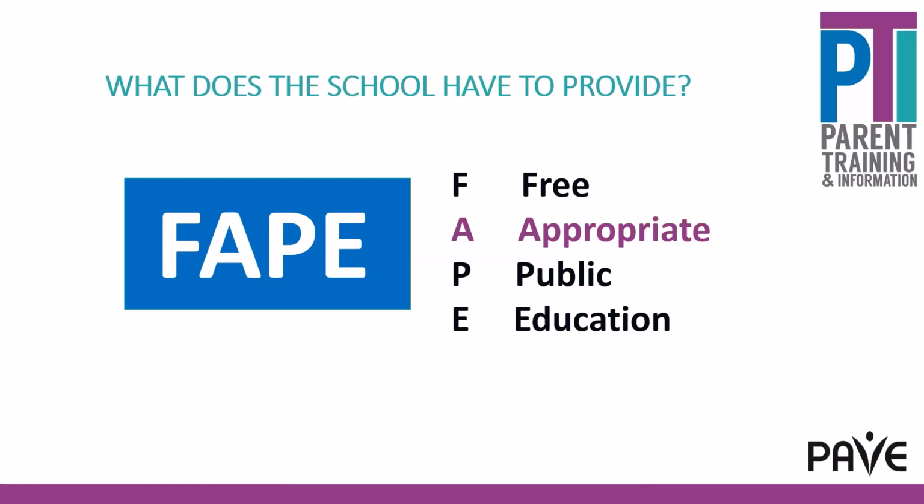What does the school have to provide? FAPE is the answer to that question. The school has to provide FAPE, a free, appropriate public education, to students with qualifying disabilities. FAPE is the right of students with IEPs and those with Section 504 plans, although FAPE rights are slightly different within those 2 options. If you've got pen and paper handy, write this down.